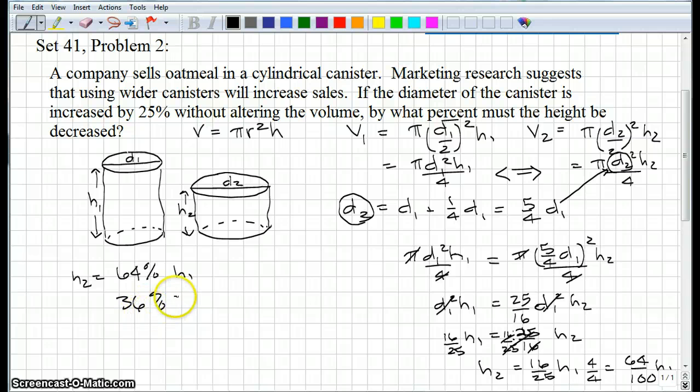Does that make sense? Because essentially 1 minus 64/100 is equal to 36/100. So our answer is that the height had to be decreased by 36%.